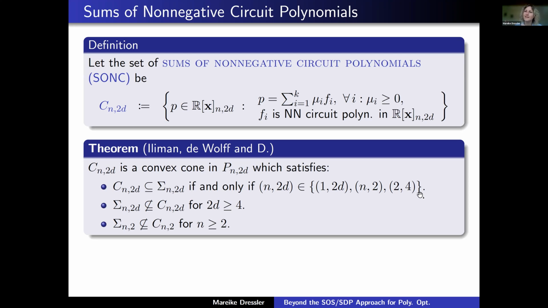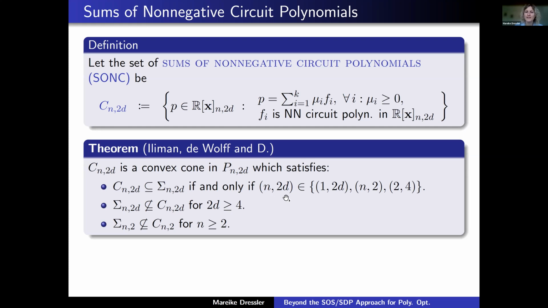And maybe this, because now it's Friday, rings a bell for you. You should have seen this a little bit on Monday. Namely, these are exactly the Hilbert cases where the SOS cone coincides with the cone of non-negative polynomials. So clearly, in these cases, the SONC cone will also be contained in the SOS cone.